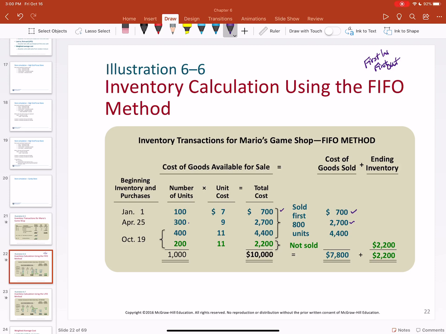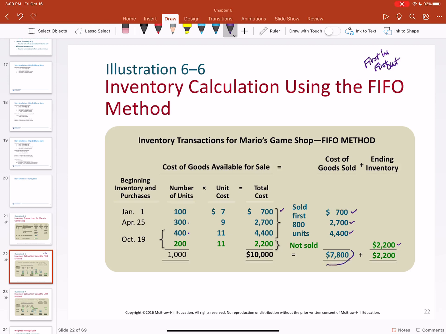Now for this last 600, I can't use the whole thing, right? Because I've only sold 800 of the 1,000. So I'll split it. I'll take 400 at $11 and put that into cost of goods sold. Then my remaining 200, which is also at $11, ends up in ending inventory. So notice this, right?